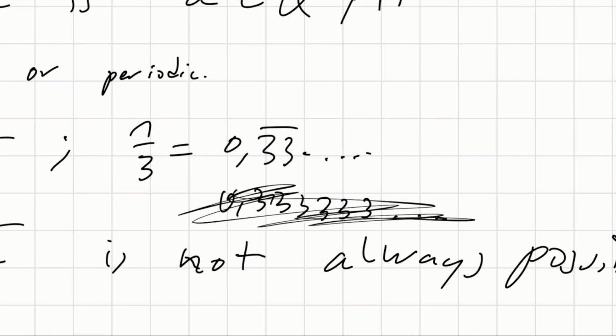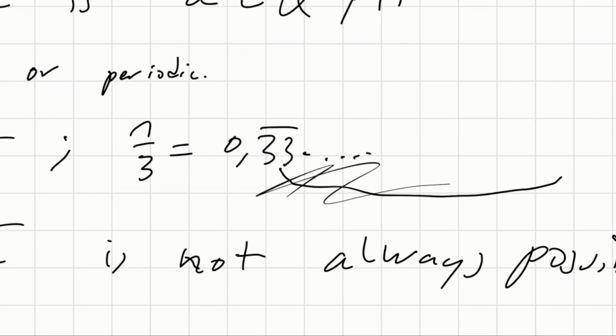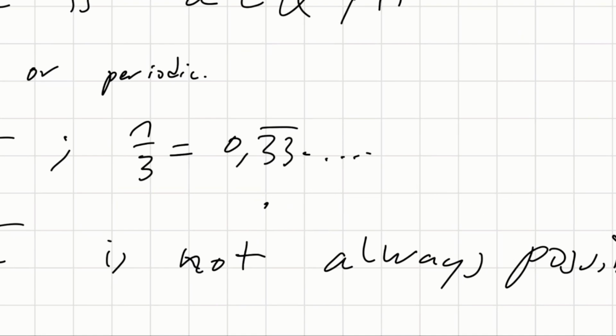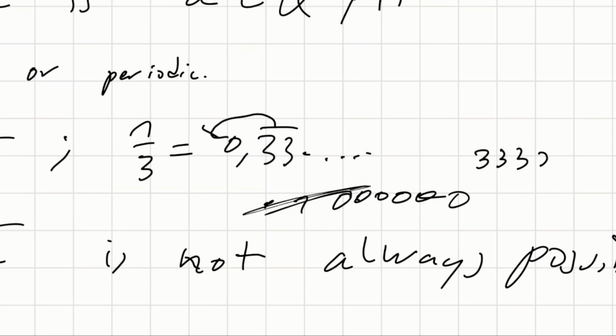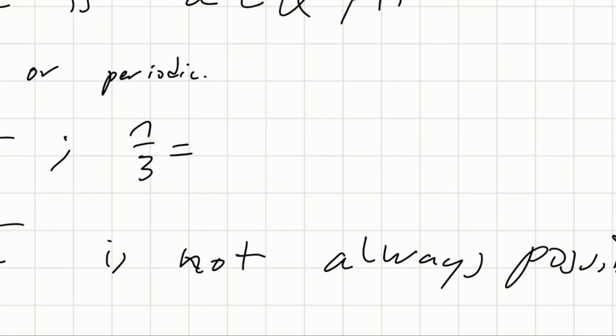So it's infinite, but it's determined. If you multiply this number by, let's say, 100,000, it will still look like this, because the threes just go on. But we are going to have a deeper look at this.